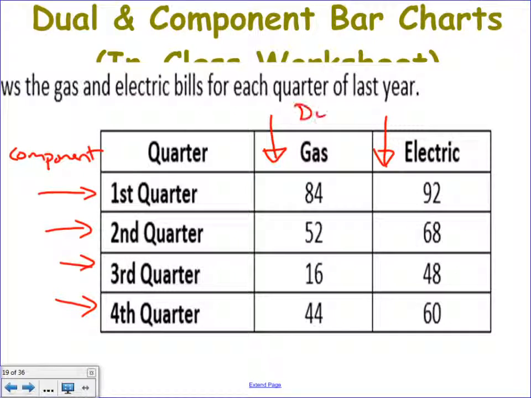You're looking at the data this way with a dual bar chart. Okay? So on your worksheet, I'll leave this up on the board for you. What I'd like you to do is, on the first piece of graph paper, plot a dual bar chart for that information. The second diagram underneath it is plot the component bar chart for the same information.